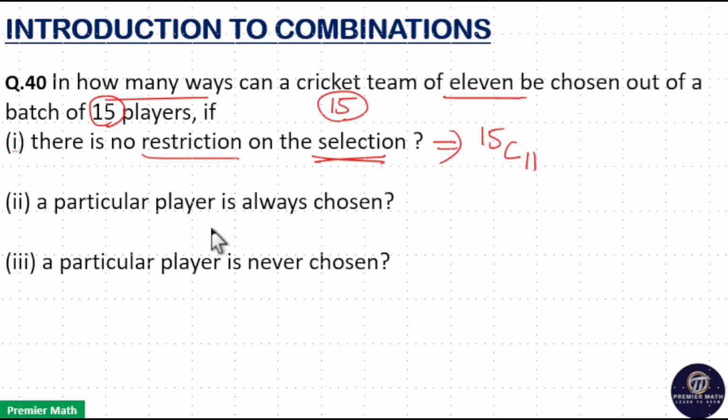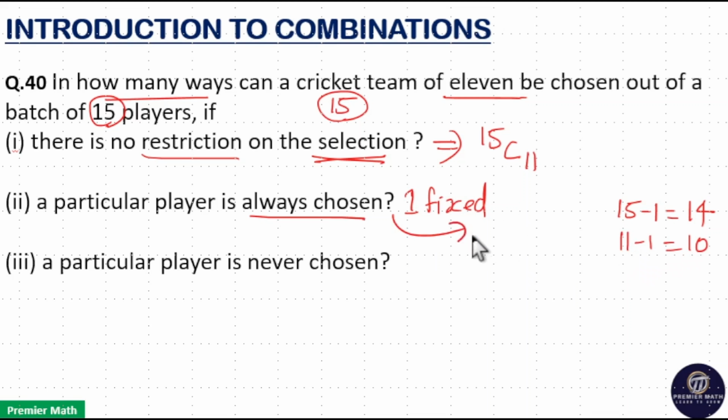If a particular player is always chosen, that is, one player is fixed, one seat is reserved. So this one is reduced from the available 15. So 1 reduced from available 15 means remaining persons available are 14. Also, one player we have already chosen. So remaining players are 11 minus 1, 10.